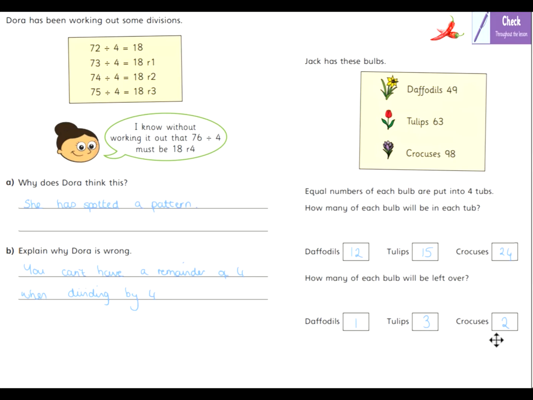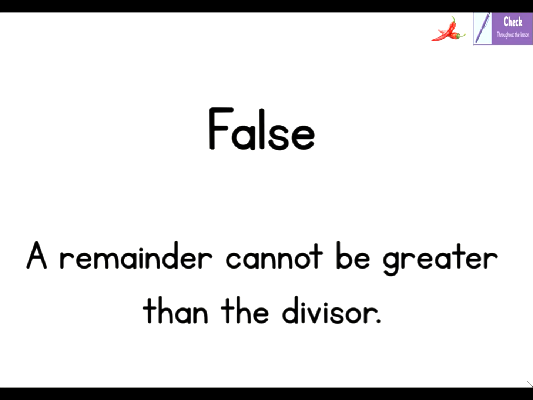Again, if you need time, pause the video so you can have a look at the answers. The final answer for Chili 2, where you have the true or false question, the question was false because a remainder cannot be greater than the divisor.